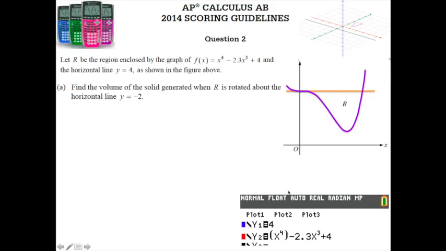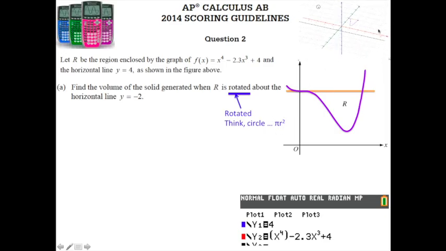Whoops, I have a mistake here that you're not supposed to see till the end. The first question is finding the volume that's generated when it's rotated. If we're rotating about the line y equals -2, which is down here, we're making a circle, so it's a pi r squared.